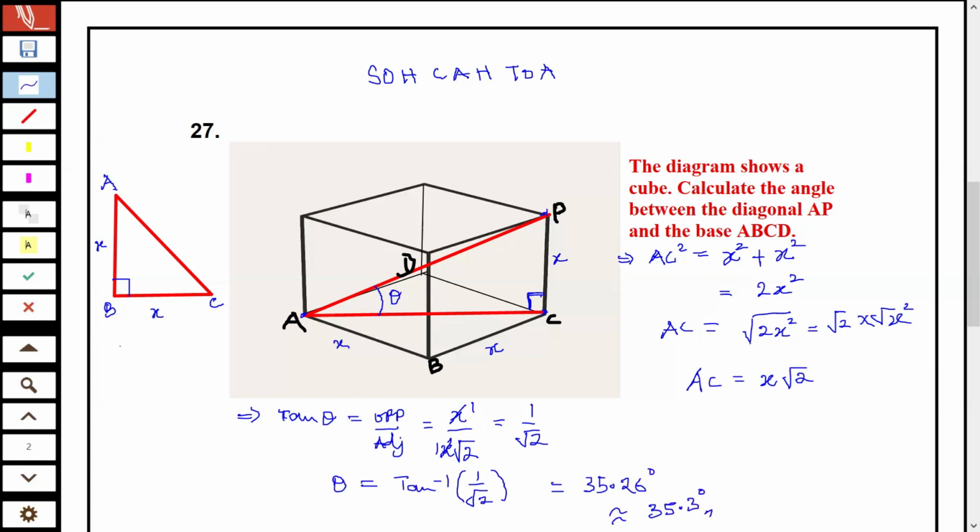So we have succeeded in finding theta, first applying Pythagoras theorem, and then finding the relationship between opposite and adjacent from triangle APC in order to find the angle between the diagonal AP and the base of the cube ABCD. So finally, the angle is 35.26 degrees, which is approximately 35.3 degrees.